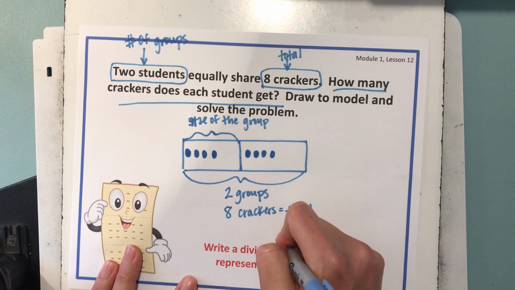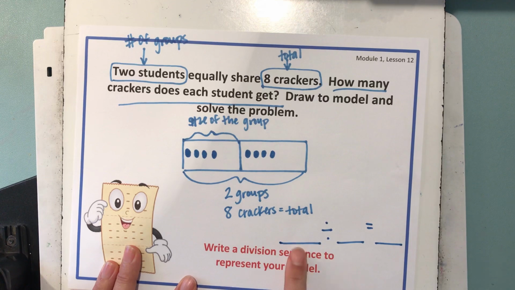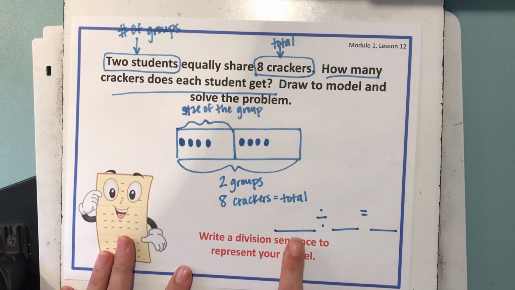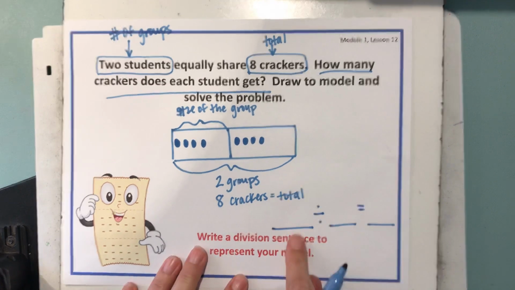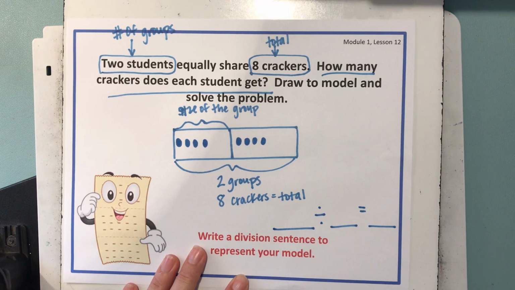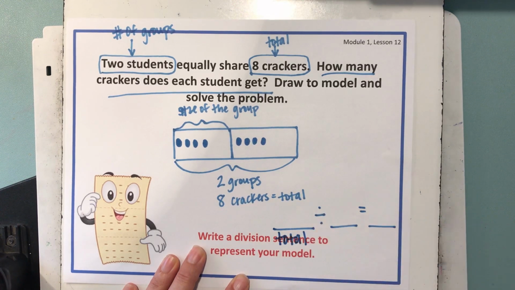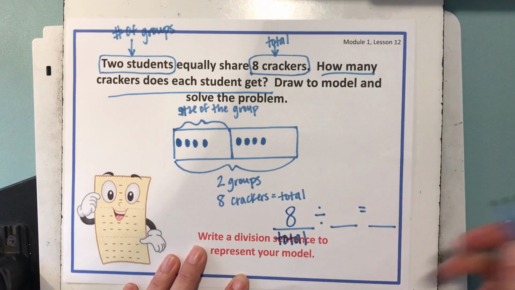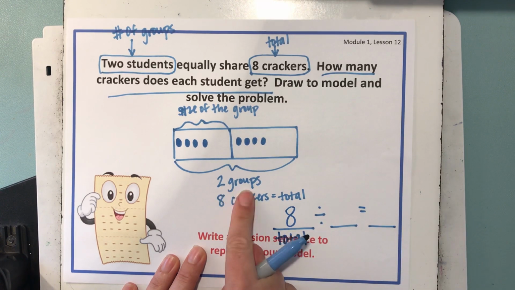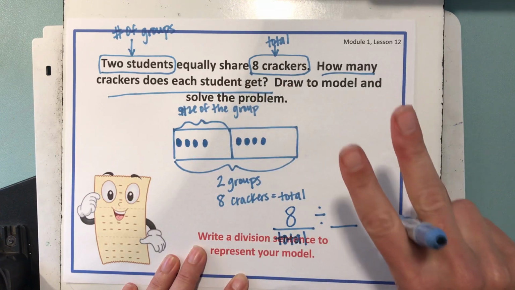So now I can write my division problem. What always goes first in a division problem? Think about that. I've been beating this into your guys' head over and over again. What goes first in a division problem? The total, right? The total goes first. And what is the total in this problem? The total is 8. Now, we also knew the number of groups, right? We knew that they were sharing their crackers between 2 students.